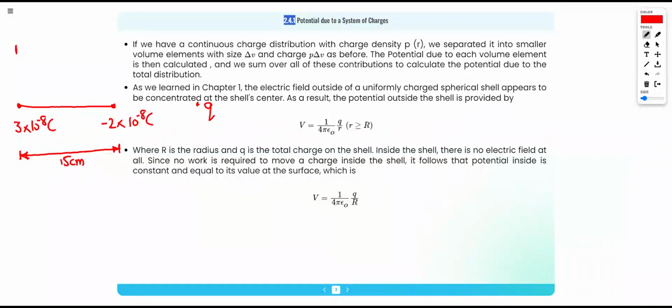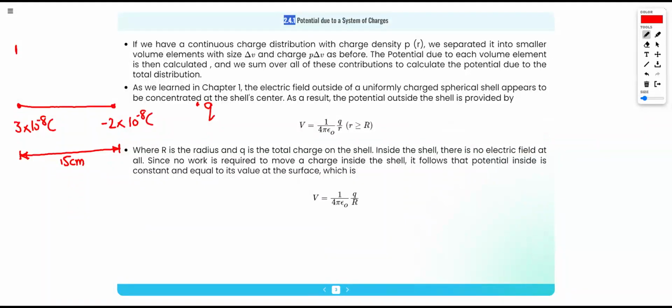I repeat the question. We have two charges, 3 into 10 raised to minus 8 and minus 2 into 10 raised to minus 8. We have the villain somewhere outside our system. We have to bring this villain inside such that the potential on it will be 0.